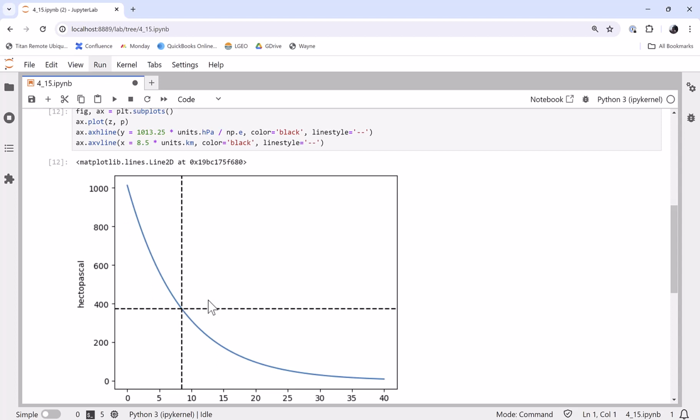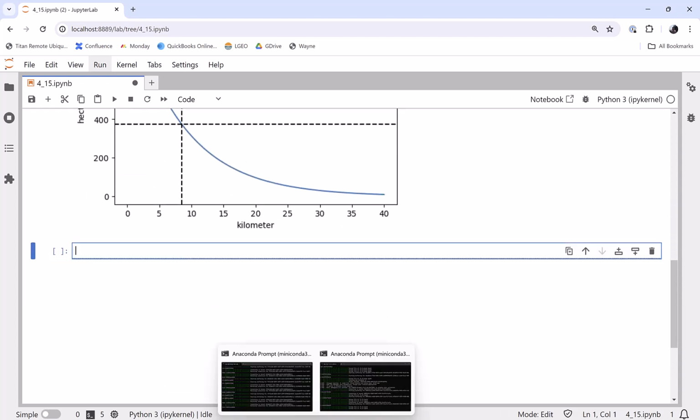Using notebooks like this is a great way to let students explore different concepts and get an intuitive feel. For example, how much does the mean temperature change the scale height? Well, we could do a quick investigation of that.